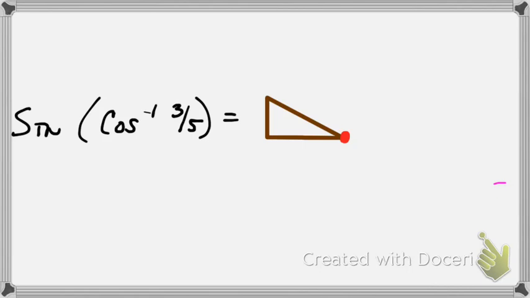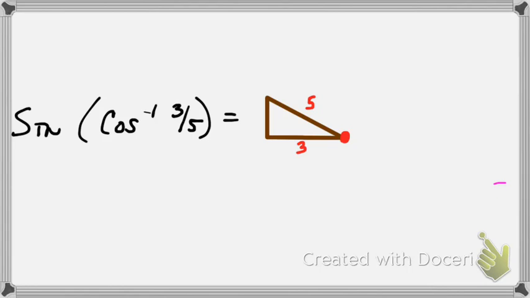In SOHCAHTOA, cosine is adjacent over hypotenuse. So try to follow me here. Do you agree that looking at my triangle now, the cosine of clown nose is 3/5?